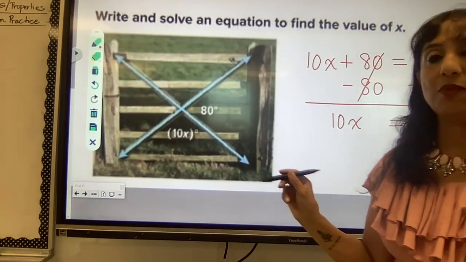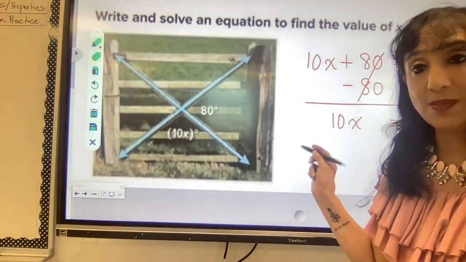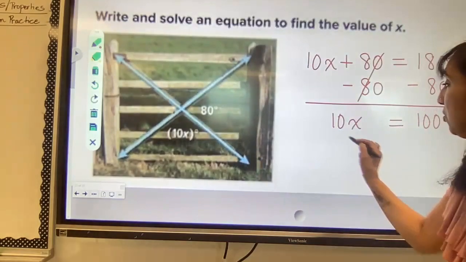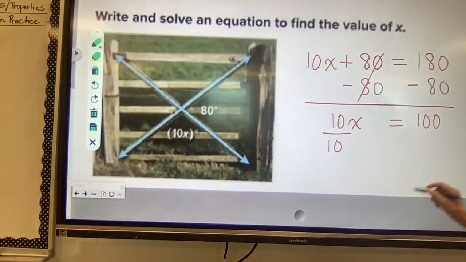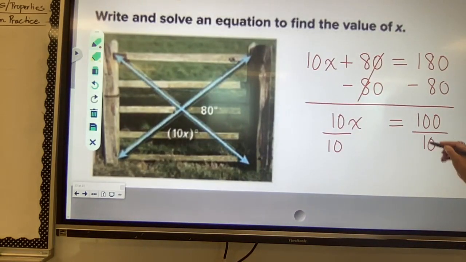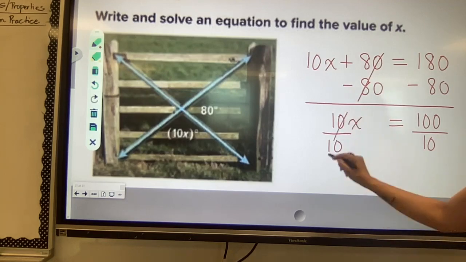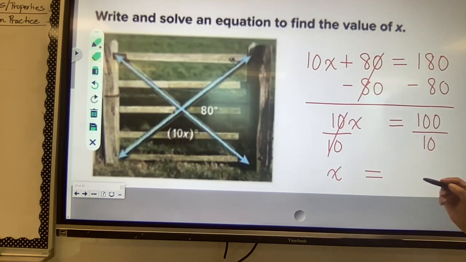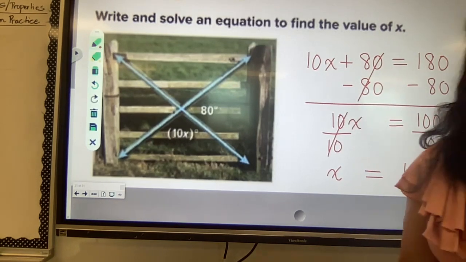And then I am going to look at 10x, and that is multiplication. So the inverse of multiplication is division. So I'm going to divide both sides by 10 because that is the division property of equality. And then 10 divided by 10 is 1 times x is x, and the value of x is going to equal 10. All right.